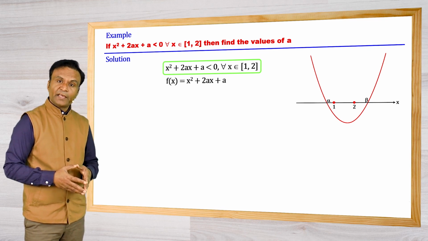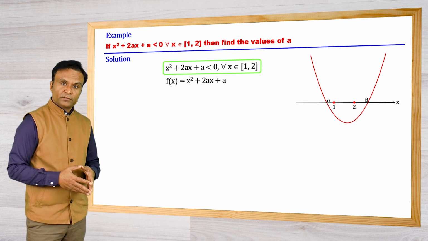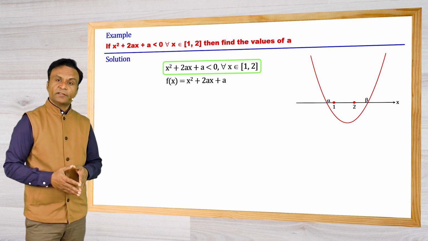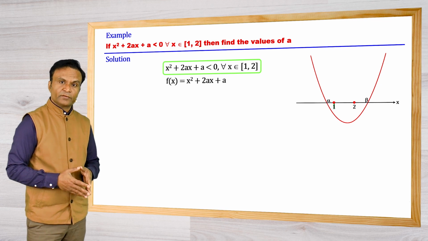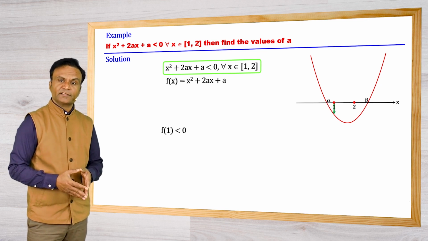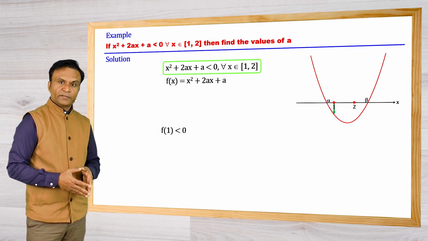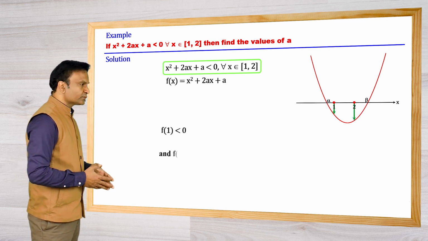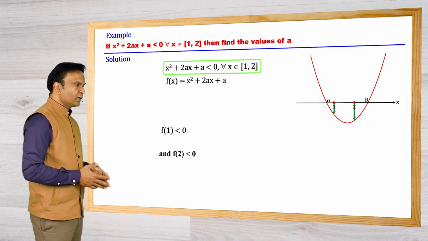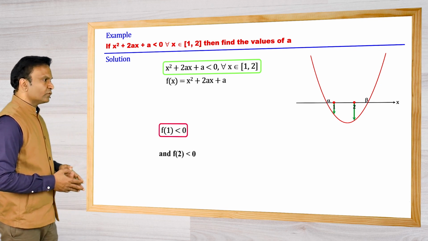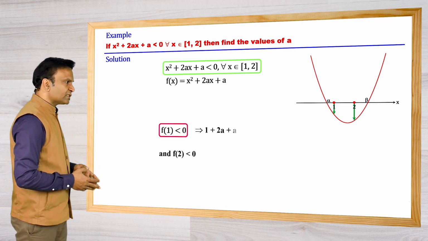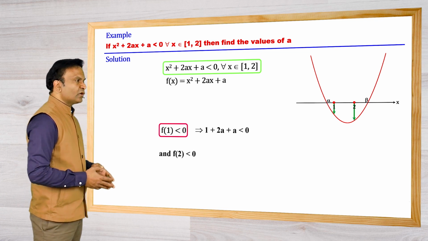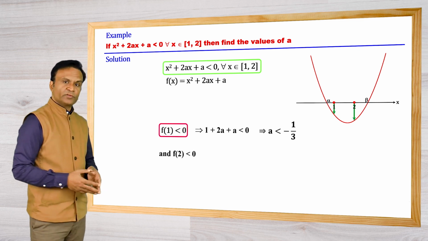Now for x equal to 1, the value of the function is negative. That means f of 1 is less than 0. Similarly, we have f of 2 less than 0. From this we get 1 plus 2a plus a less than 0, or a less than minus 1 upon 3.